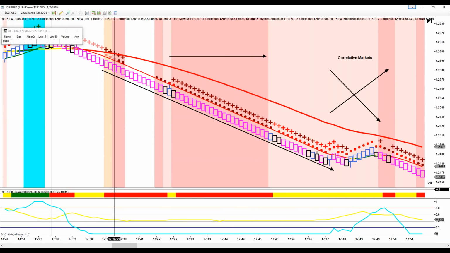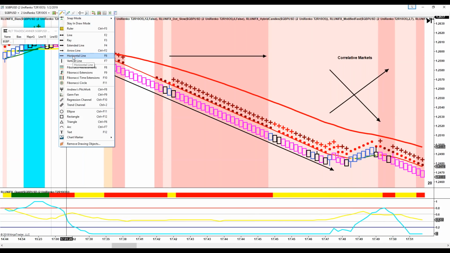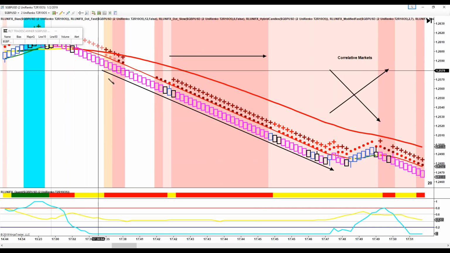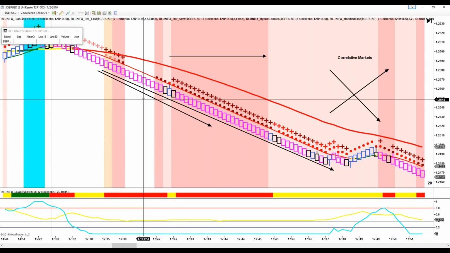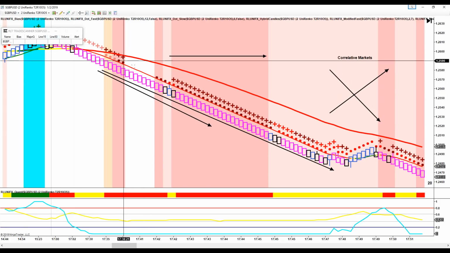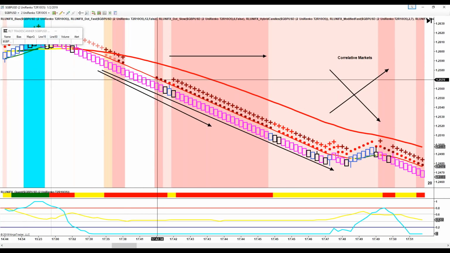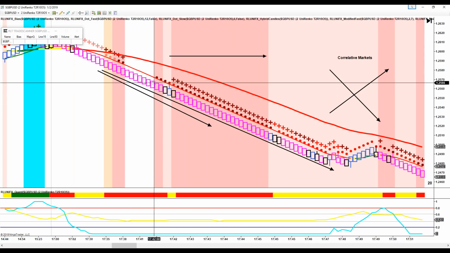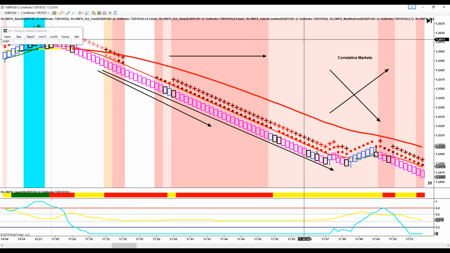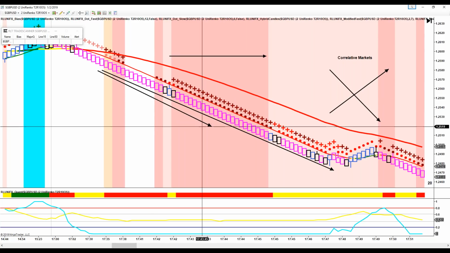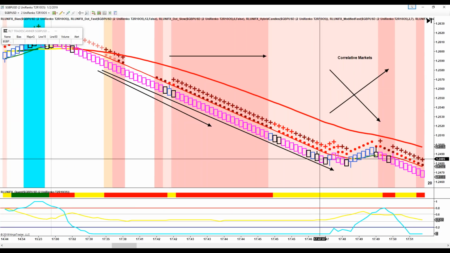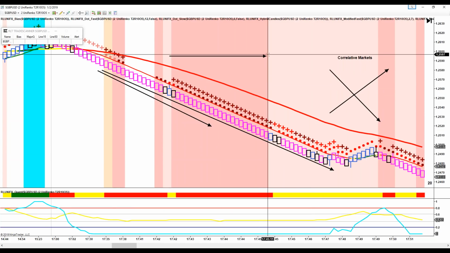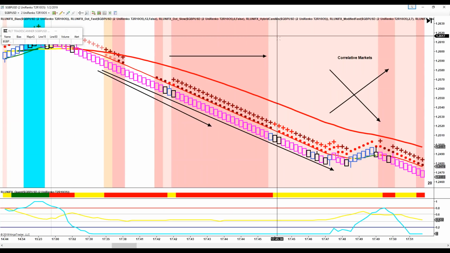Now, right here, the markets that should go down when the dollar pound goes down are going down, and the markets that should go up when the pound dollar goes down are going up. So we are tracking the flow of money. We know it's coming out of the directly correlative markets and going into the markets that correlate in the inverse direction.